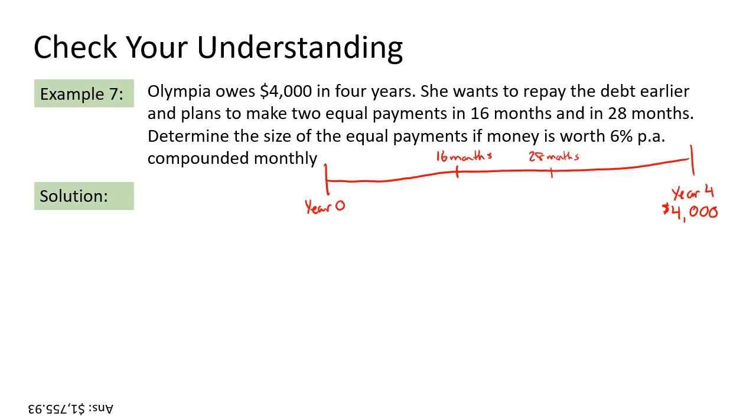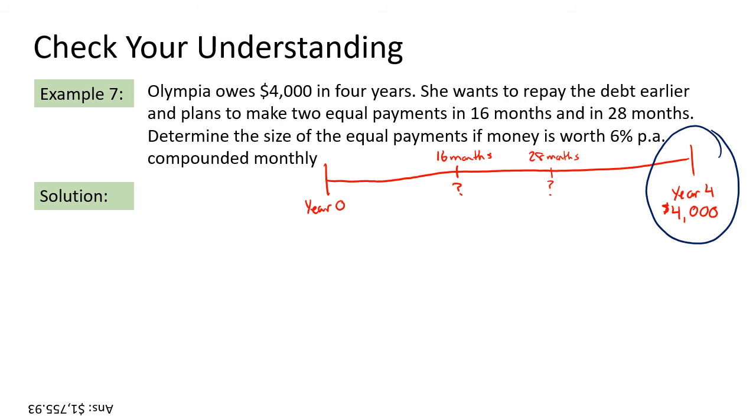And they're equal payments. So we have payment 1. We don't know what payment 1 or payment 2 are. But we do know that her total debt's worth $4,000. So in this question, you see that our focal point is going to be when her debt is actually due.